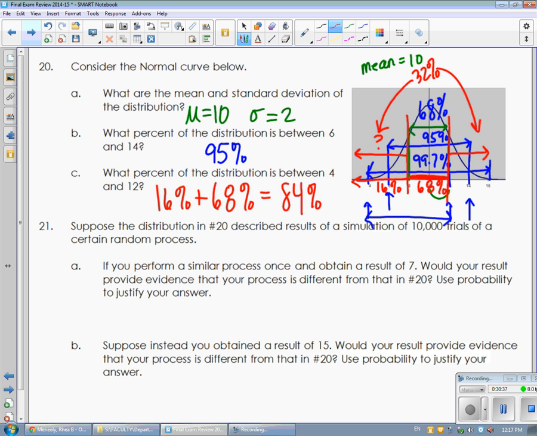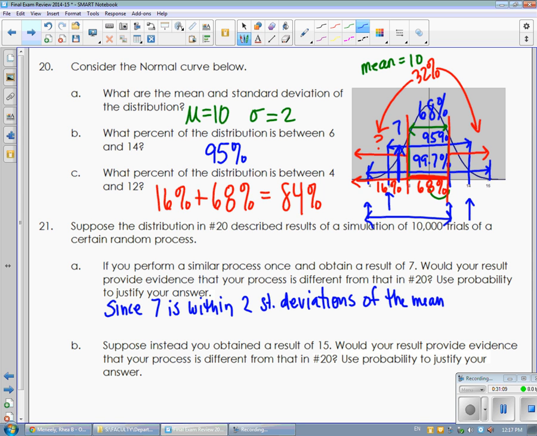So I'm looking at 7, and it's kind of hard to see because I've written over this, but 7 is somewhere in here. This is where 7 is. Notice that 7 is within 2 standard deviations of the mean. And so since 7 is within 2 standard deviations of the mean, it's not unusual.